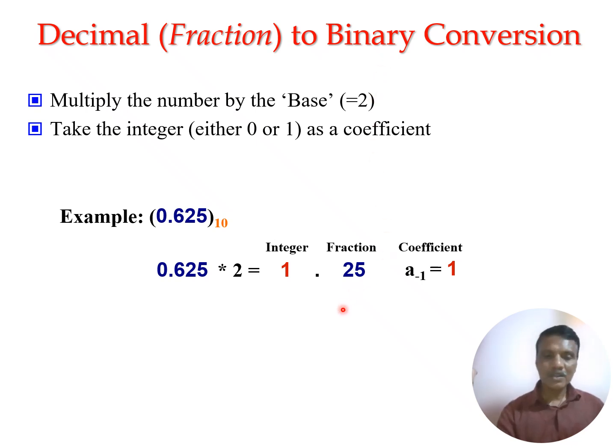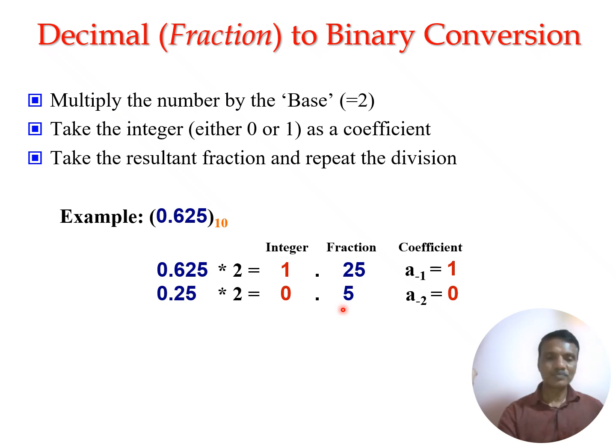So 0.25 into 2 is 0.5. Here the integer value is 0, so take it as the next coefficient. Got it? And now again this 0.5 is multiplied with the base, that is 2. So here the integer part is 1 and the fractional part is 0.